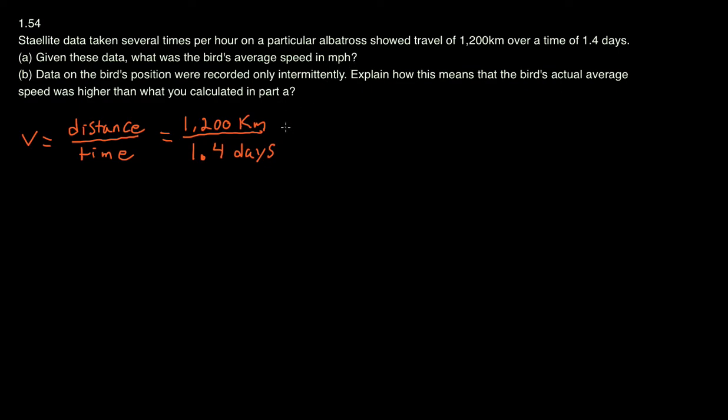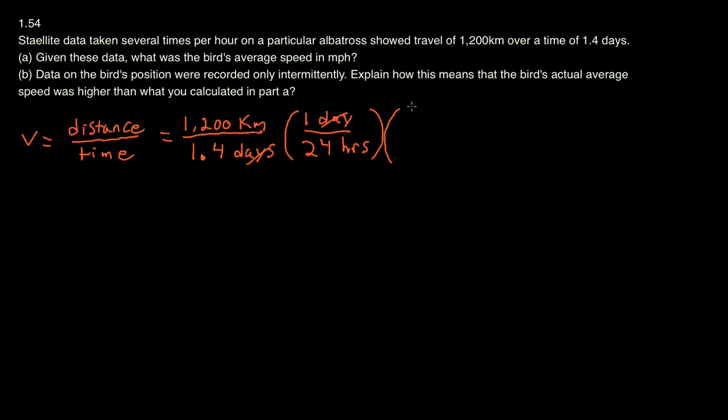So again, we have to convert our units. So we know that in 1 day, there are 24 hours. Just multiplying by units of 1 here to get in the right units, so days cancel out.